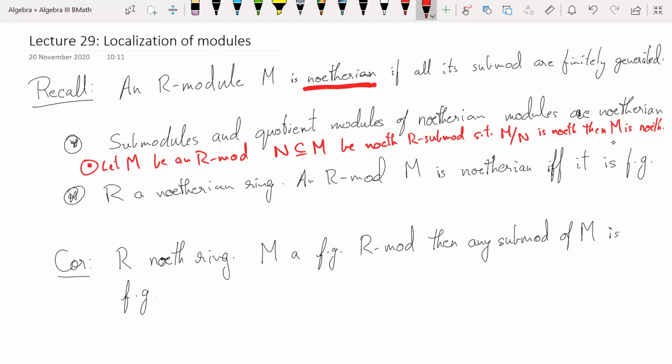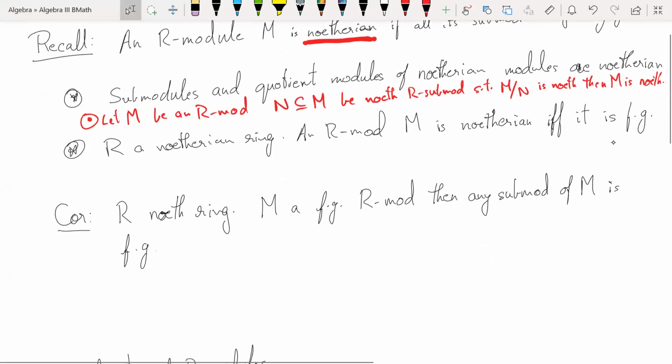So in particular, we get that if R is Noetherian and M is a finitely generated R module, then any submodule of M is finitely generated. Of course, this is not true for a non-Noetherian ring.